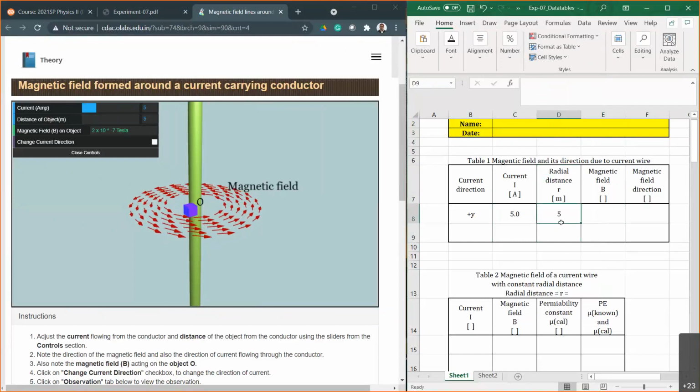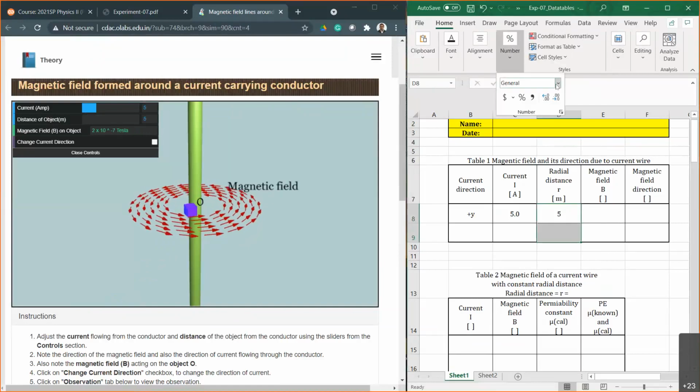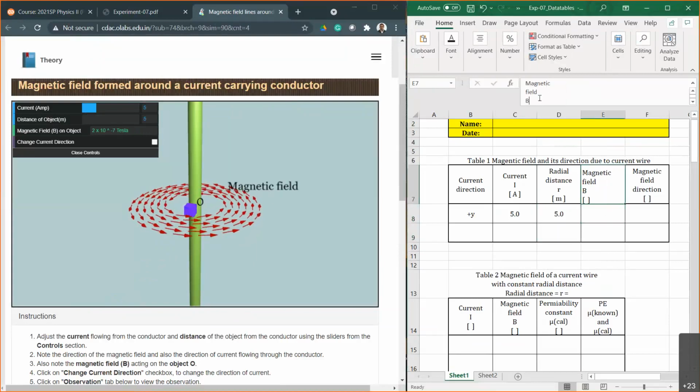That also will purposely add a decimal place, because generally these values can go all the way to 50. That means two significant figures are possible to measure, at least. So we'll keep two significant figures for all the measurements. And the magnetic field value, unit Tesla: 2 times 10 to the negative 7, which we will write purposely as 2.0 times 10 to the power minus 7.